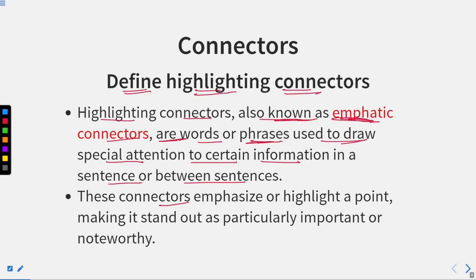These connectors emphasize or highlight a point, making it stand out as particularly important or noteworthy. That information is the most special point to be remembered or kept in mind.